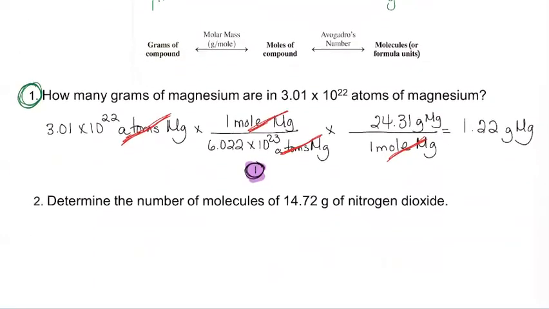As you can see in number 2, we have the same process, but what we're given is a compound. How do you know that you're dealing with a compound? Because of the name. Here we have nitrogen dioxide. So what is the chemical formula for nitrogen dioxide? Let's put it in the chat.